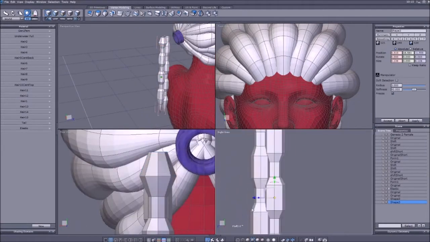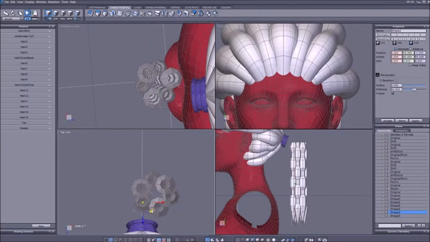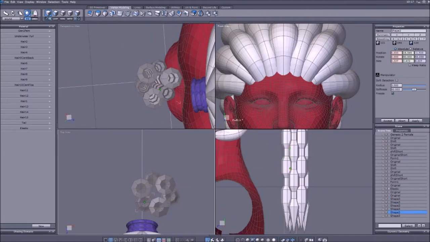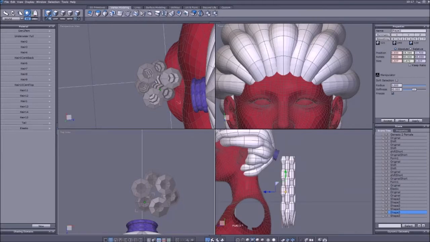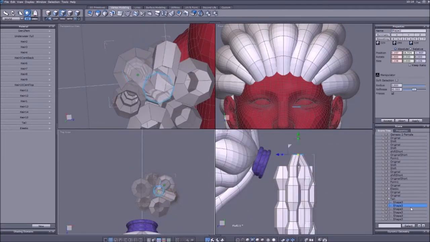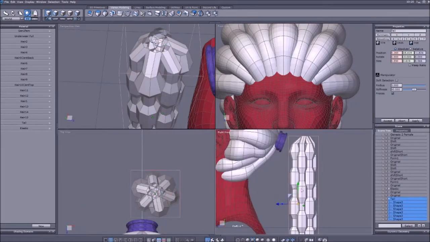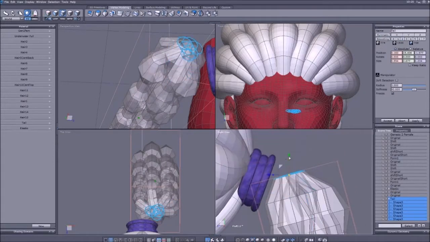So I reloaded the file today and resized it, and I think it looks actually better than the first render that I did.